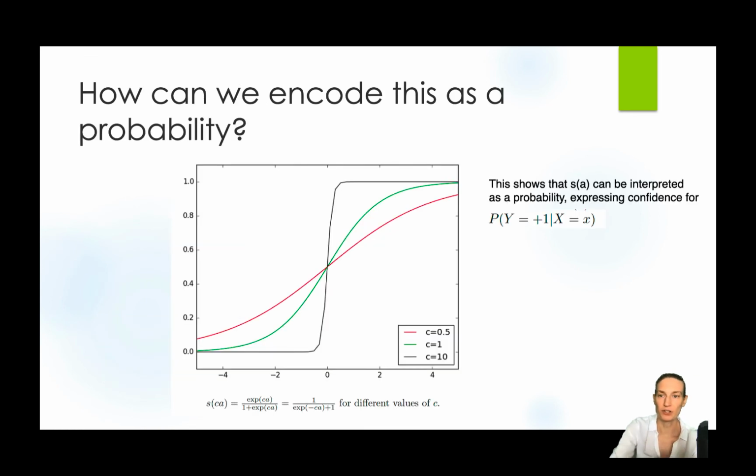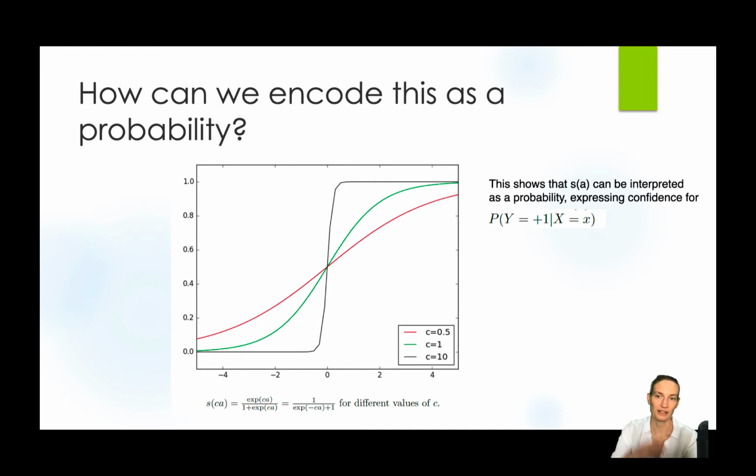All right, so we're sticking to logistic sigmoid for now, and if we plot the logistic sigmoid function, we see something like this. Here we added a term c in front of a, so that we can see what the influence is of increasing a by a factor of c. Okay.